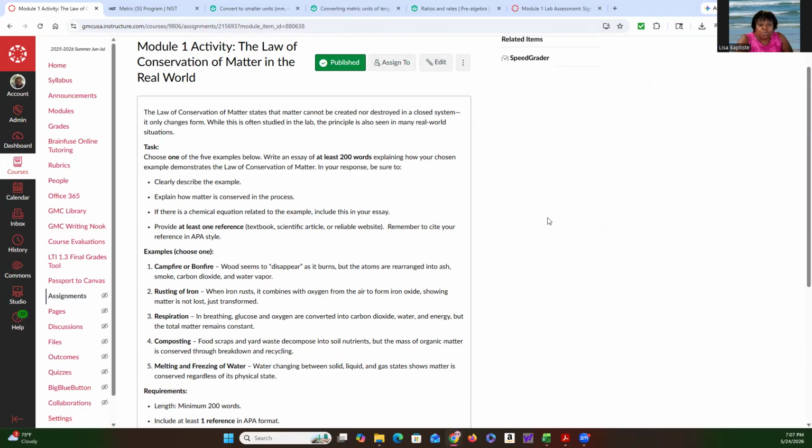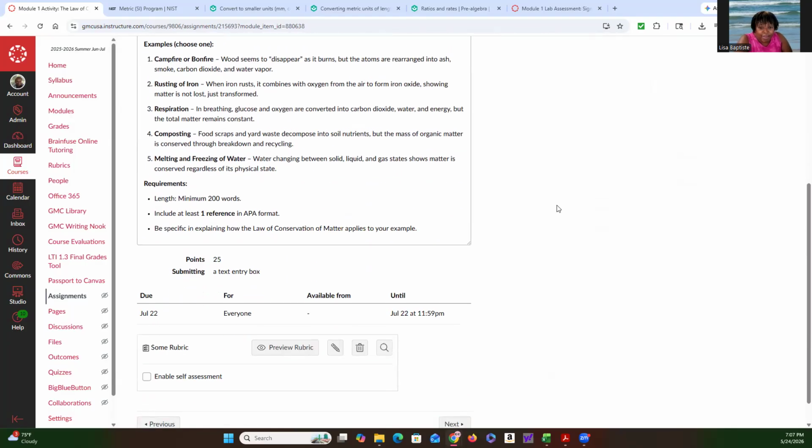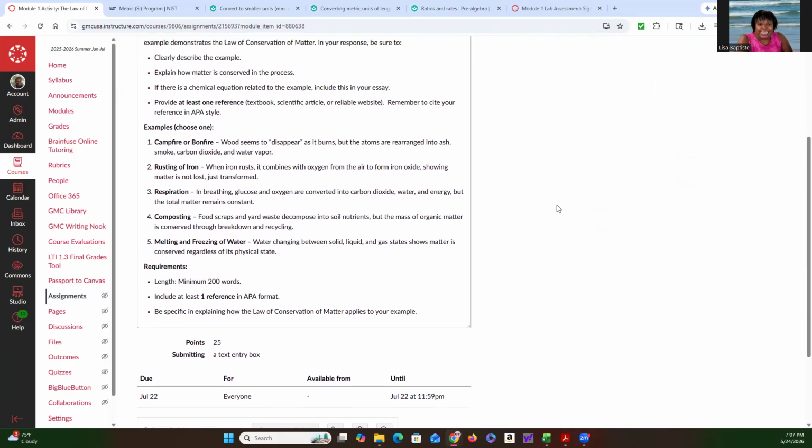Provide at least one reference. It can be the textbook, a scientific article, or a reliable website. And remember to cite your reference in APA style. If you have questions about APA format, please let me know.